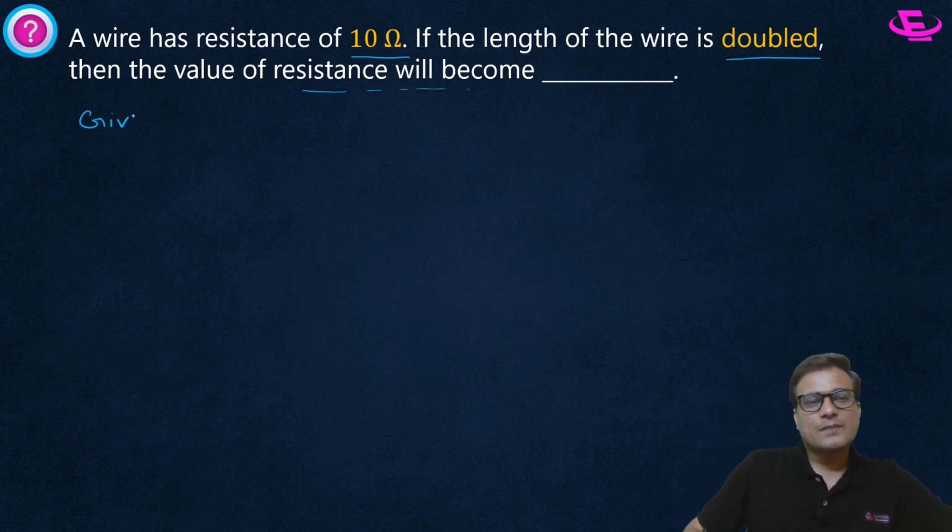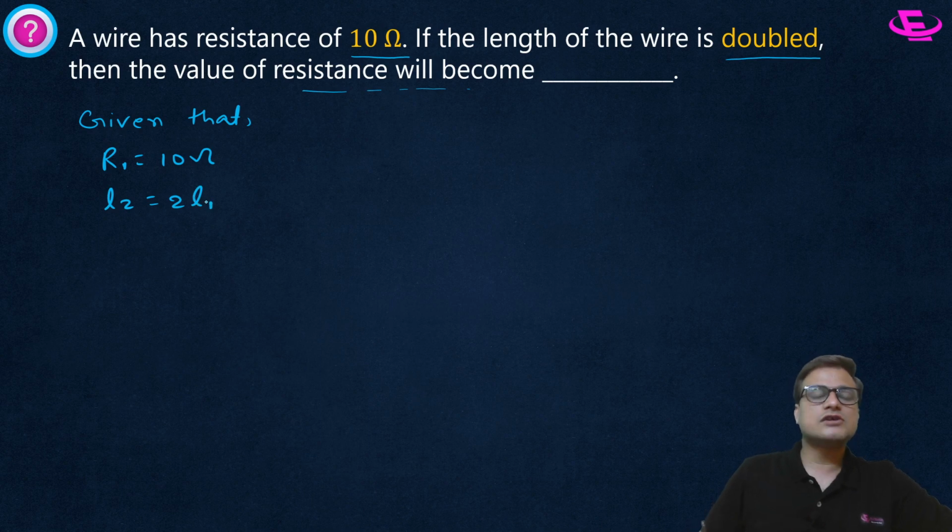What is given? Given that R1, initial resistance, is 10 ohm, and L2 equal to 2L1. So now what will you write? You know that volume is constant. Volume equal to constant.